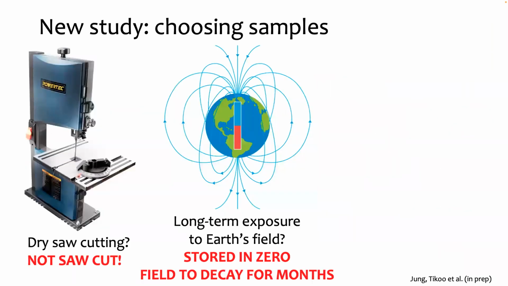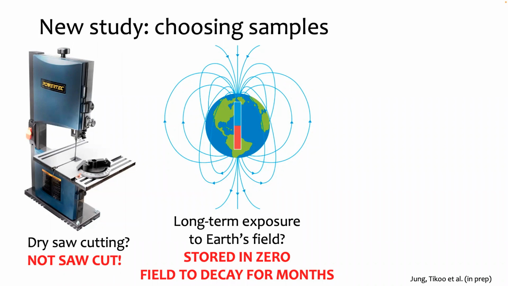In terms of ruling out terrestrial contamination, none of these samples were saw cut. We also conducted experiments to see how they responded to the Earth's magnetic field, and they did not respond in a way that was strong enough for them to have recorded much remanence from the Earth's field. Before we even demagnetized the samples, we also stored them in zero field in a magnetically shielded room for months.